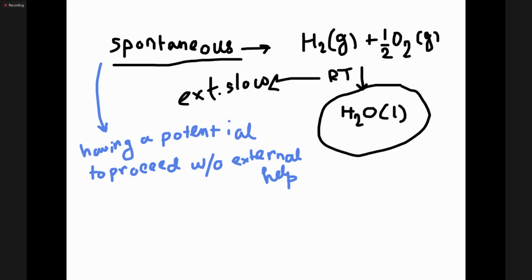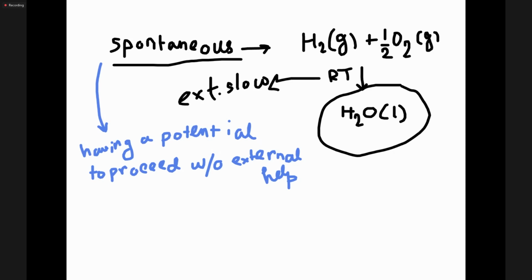We have to externally apply some assistance to make the reaction a reversed one. So overall, we have a definition for the spontaneous process: a spontaneous process is such an irreversible process that may only be reversed by some external assistance. This is the explanation that we have to keep in our mind.